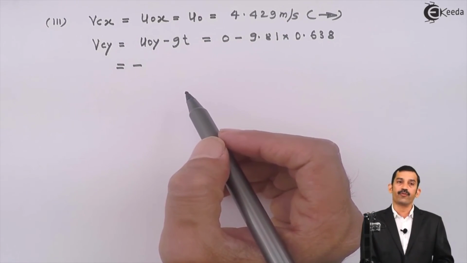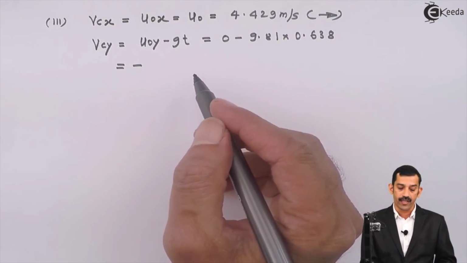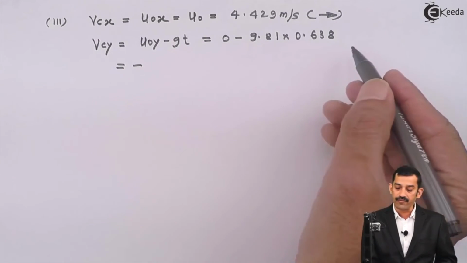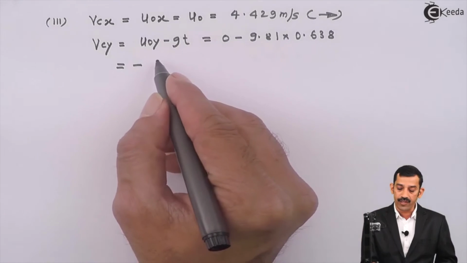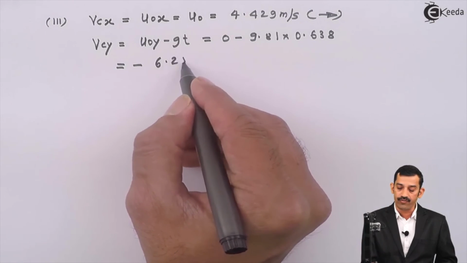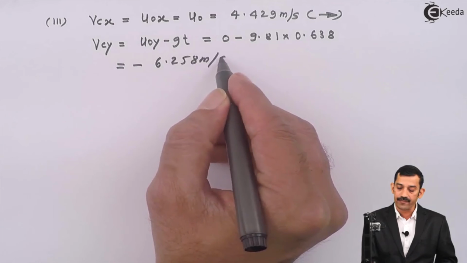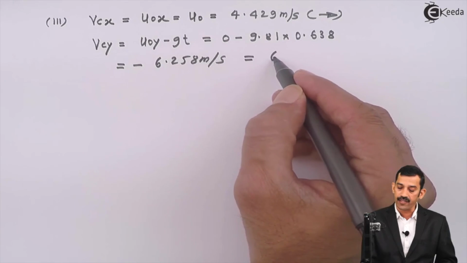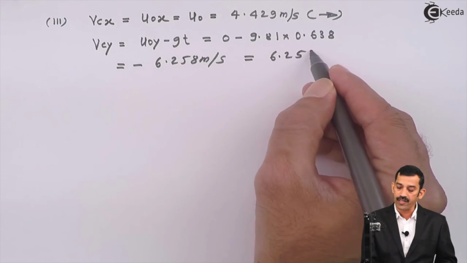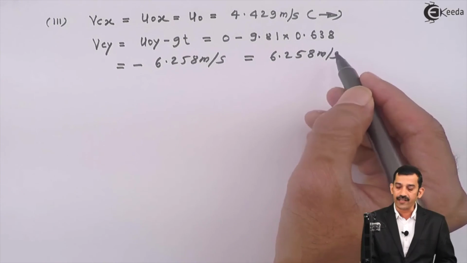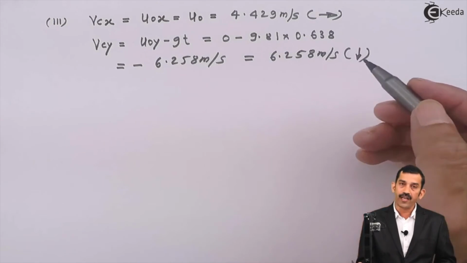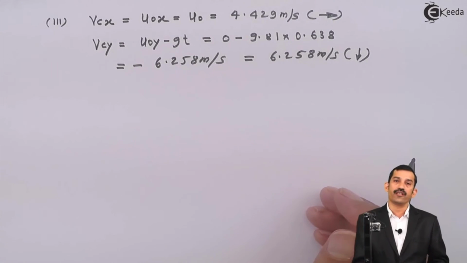Negative means the component of velocity is in the downward direction. That means this answer, using the calculator, is minus 6.258 meters per second. The negative sign represents that this is 6.258 meters per second in the downward direction.